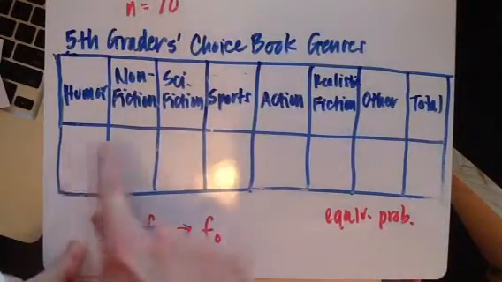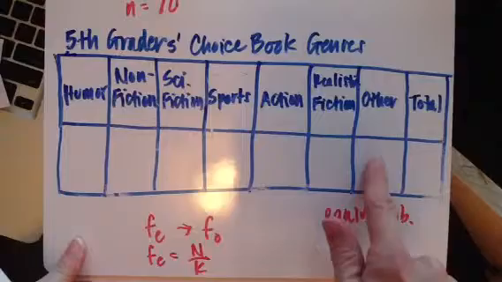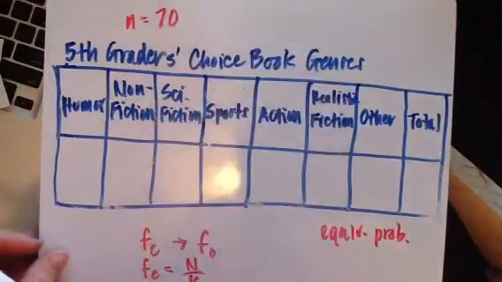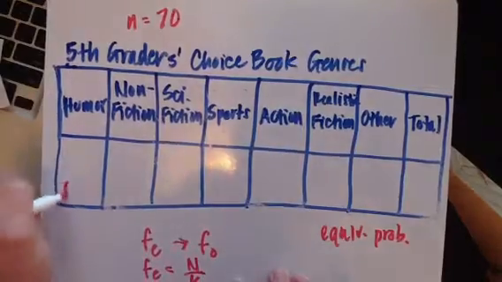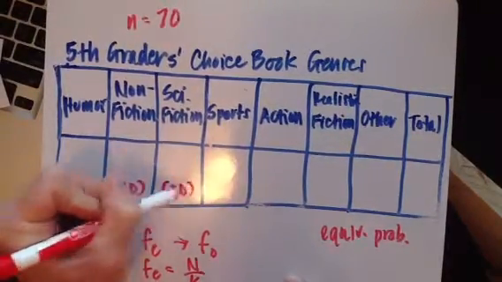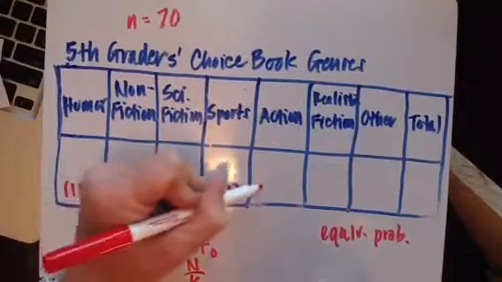So in this case, we have 1, 2, 3, 4, 5, 6, 7 categories. So we take our n size of 70 and divide it by 7. So that means our expected frequency for each of these will be 10.